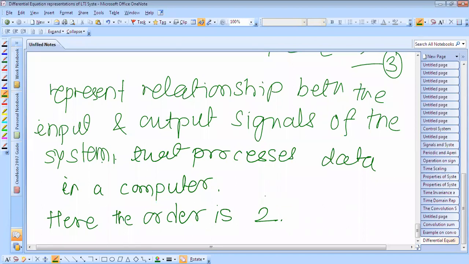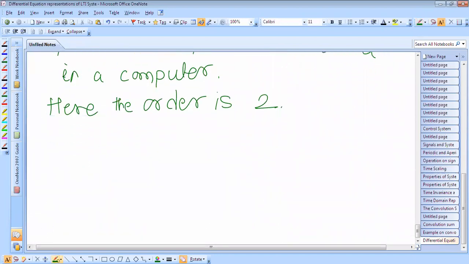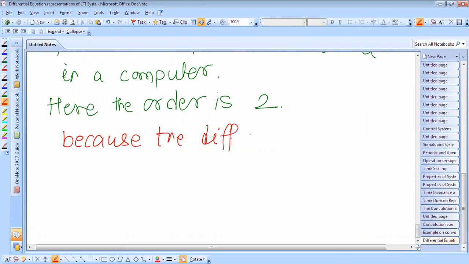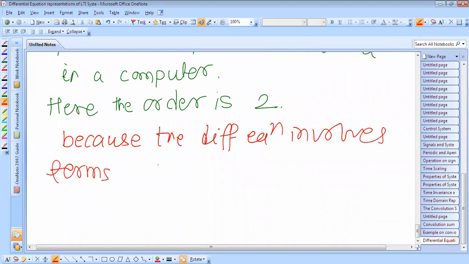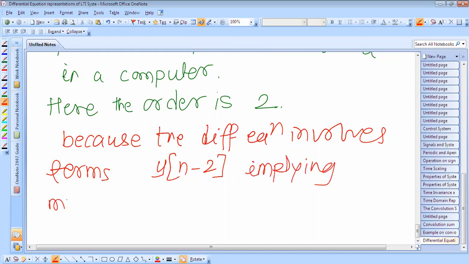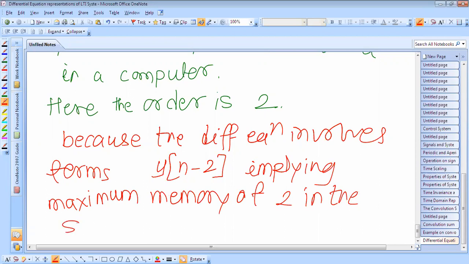Here the order is 2 because the difference equation involves the term y of n minus 2, implying a maximum memory of 2 in the system output.